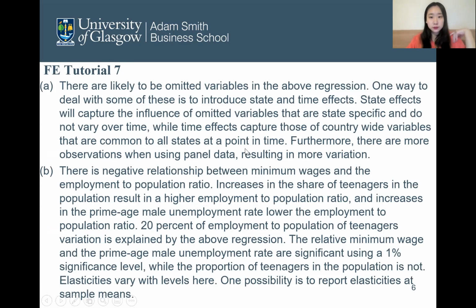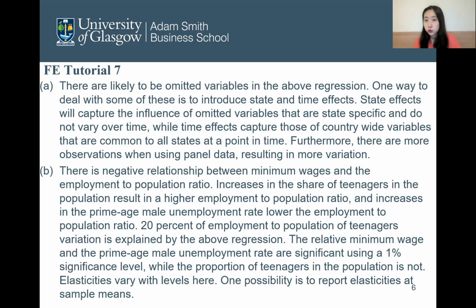So for question A, I think the point is explained quite clearly, and you can simply have a look. The first point is why panel data is more suitable here for this situation. There are likely to be omitted variables in the above regression. One way to deal with some of this is to introduce state and time effects.